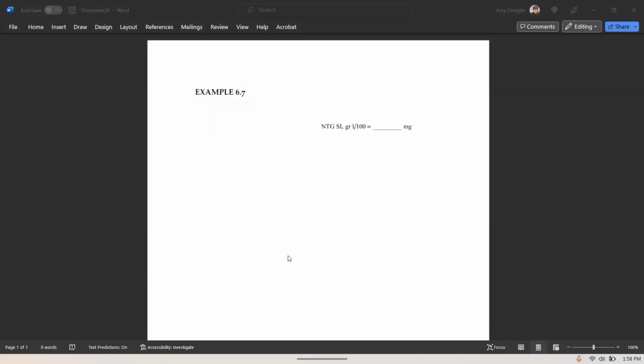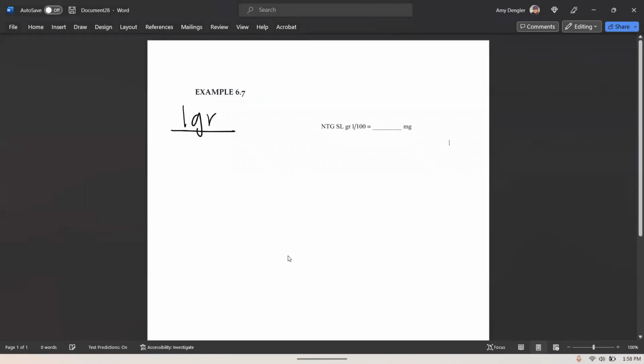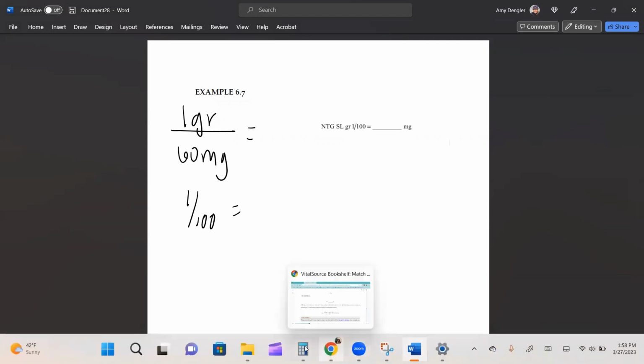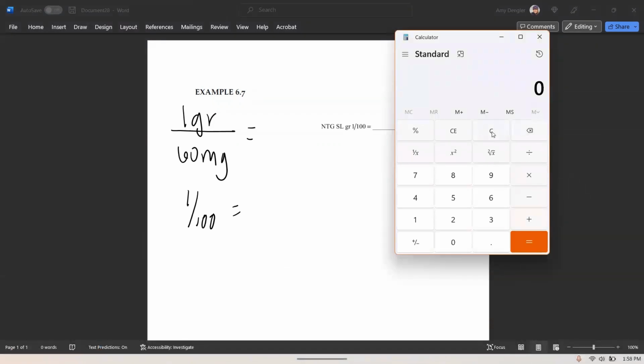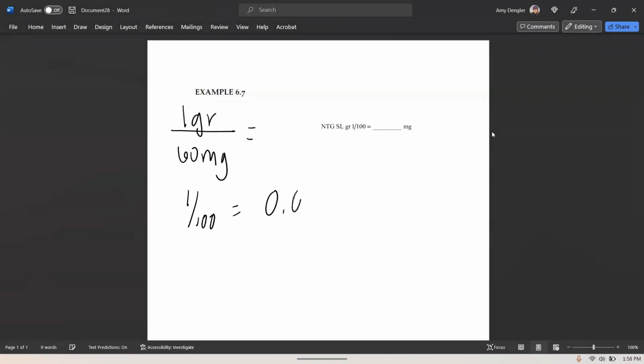All right, example 6.7. So we're going from 1/100 grains to milligrams. We're still using that 1 grain is equal to 60 milligrams. We just need to deal with that 1/100 and make it into a decimal because it'll be much easier for us to work with. So 1 divided by 100 is 0.01. So that's 0.01 grains. How many milligrams is that?